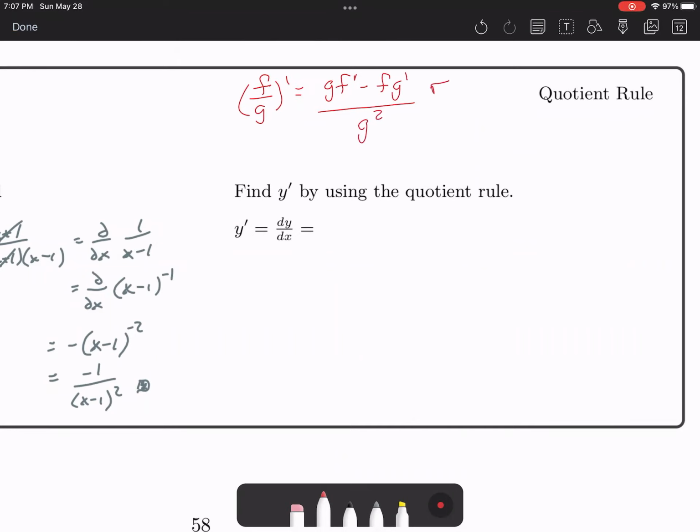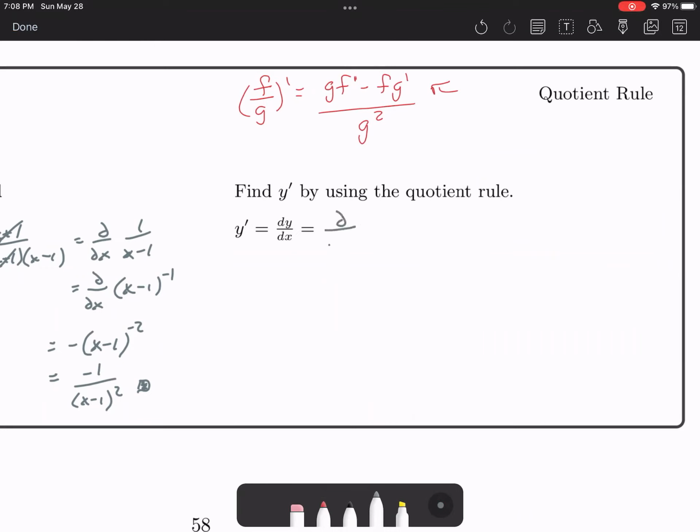Right, the numerator is kind of like the product rule, except it is important which one you start with. You have to start with not differentiating g multiplied by the derivative of f. Else you'll get the negative of what you want. All right, low d high minus high d low over low low.